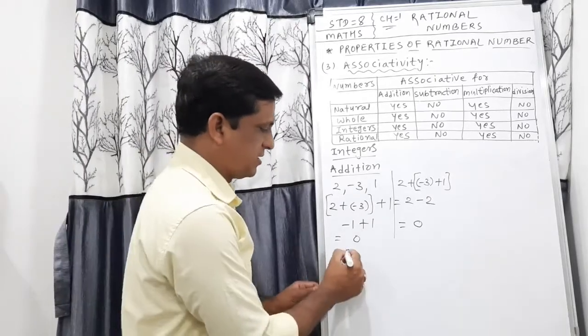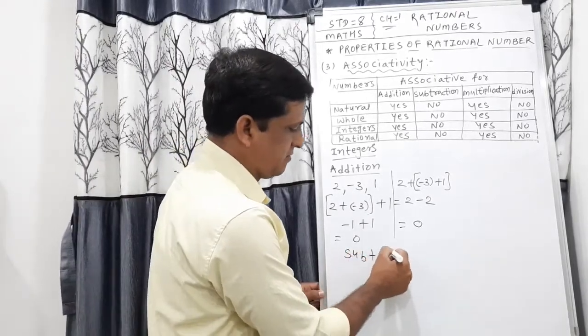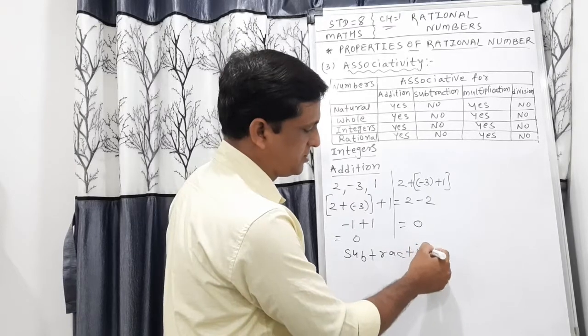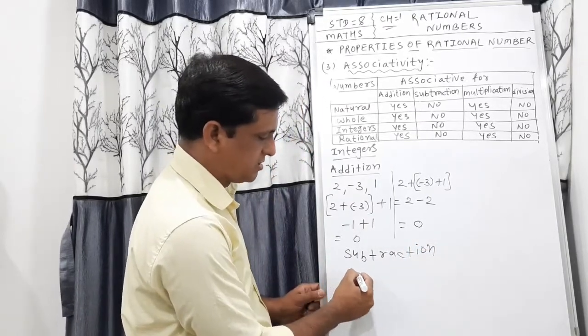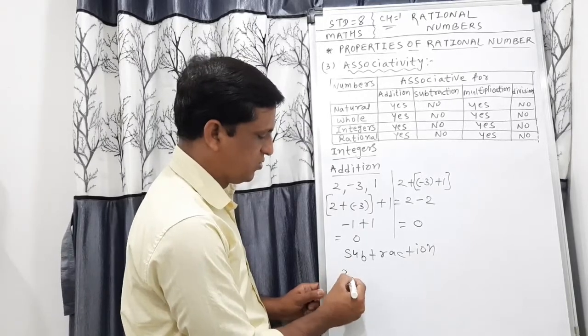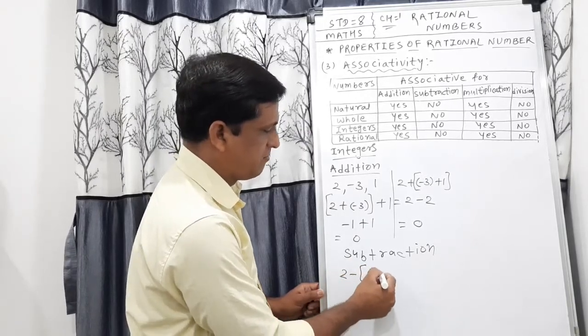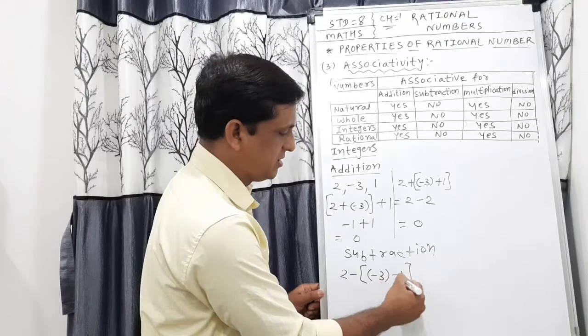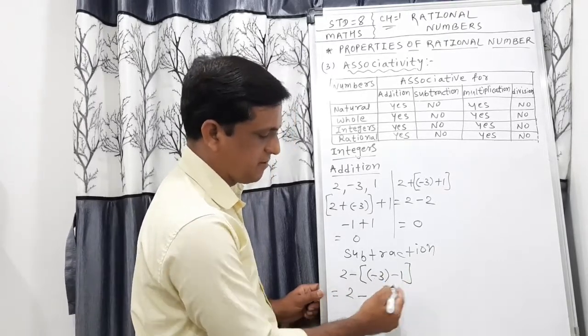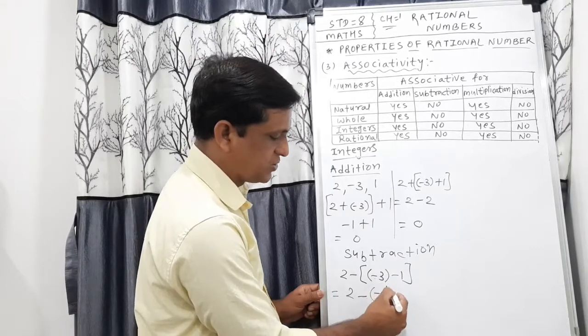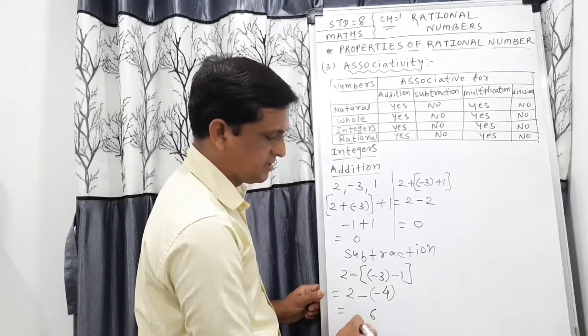Now for subtraction, we are discussing associative property for subtraction. The same example is here. Suppose we are taking 2 minus (minus 3 minus 1), then simplification is 2 minus (minus 4), so the answer is 6.